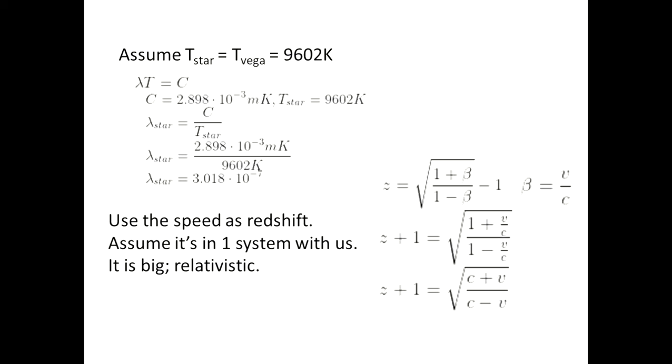We can simplify that by moving the 1 to the other side and substituting beta, and we get that z plus 1 is equal to the square root of (c plus v) divided by (c minus v). We know that v is equal to 0.6c. When we plug that in, we get that z plus 1 is equal to 2, or you can also say that the scale factor is equal to 2.